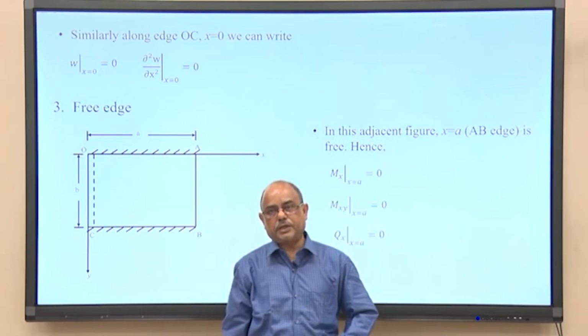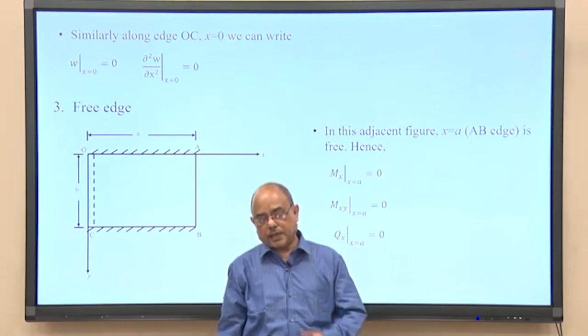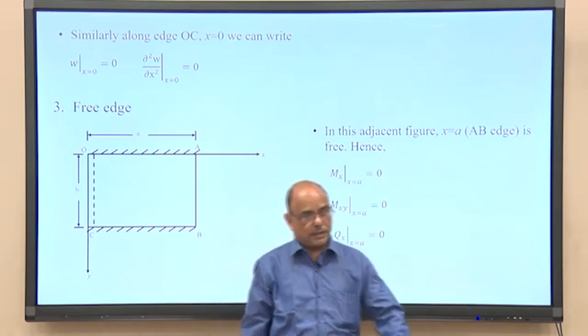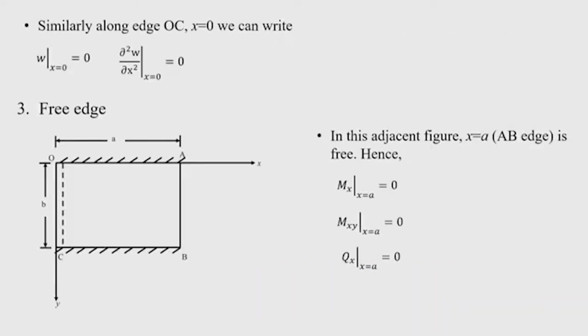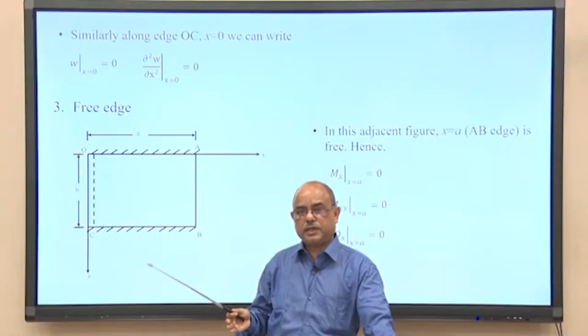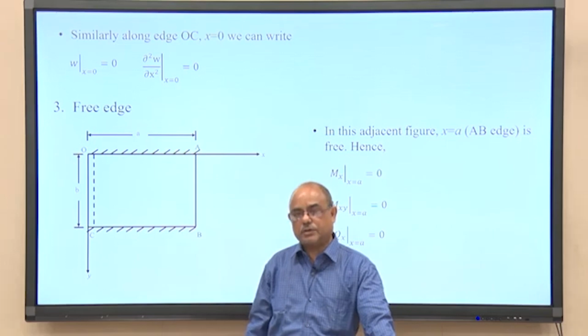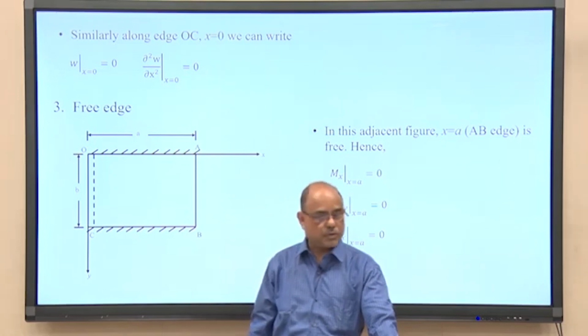These three conditions have been given by Poisson, and later on the other authors Kelvin and Tate found that three conditions are not necessary, because the last two conditions can be combined, that is the shear force and twisting moment can be combined to give a single condition, because these are not independent quantities.